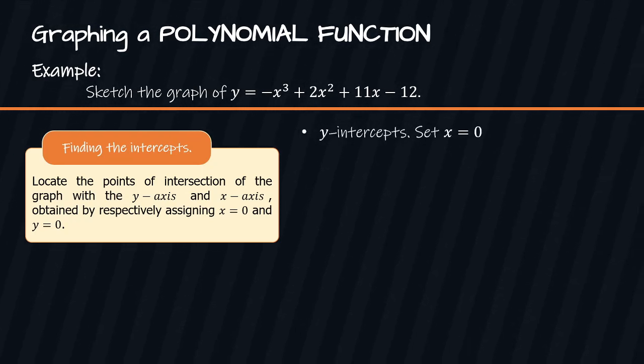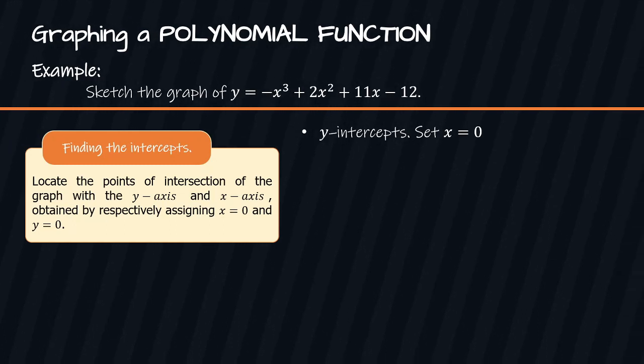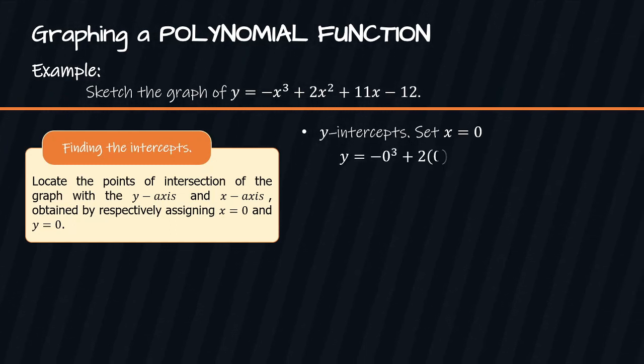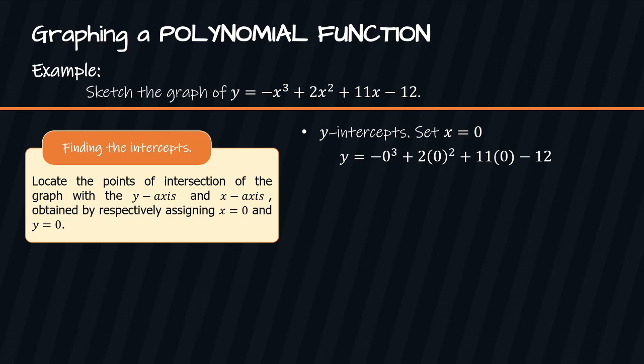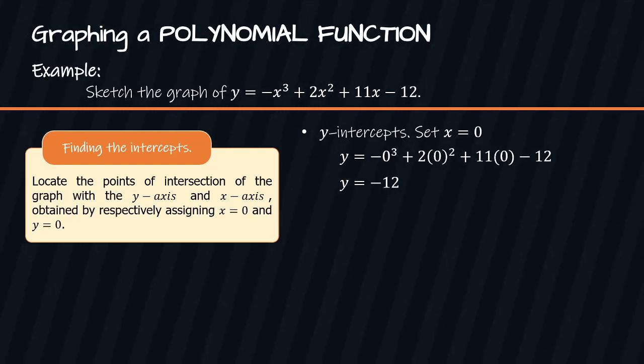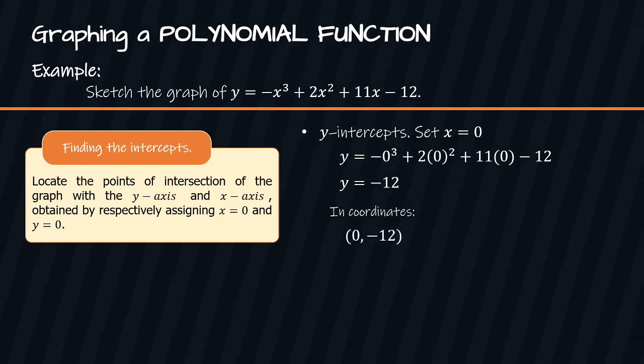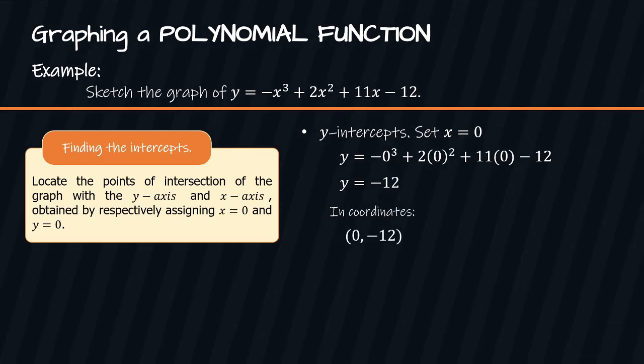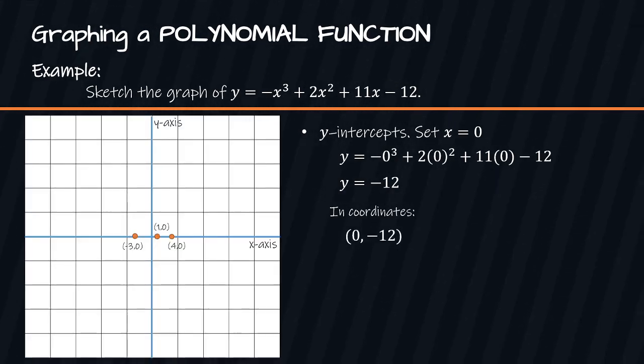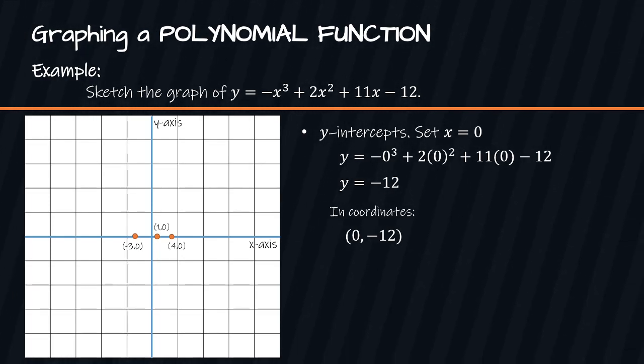We set the value of x equal to 0. So we've now got y equal to -12. In coordinates, we have (0, -12). Again, we have to plot this one in our coordinate plane. So that is (0, -12).